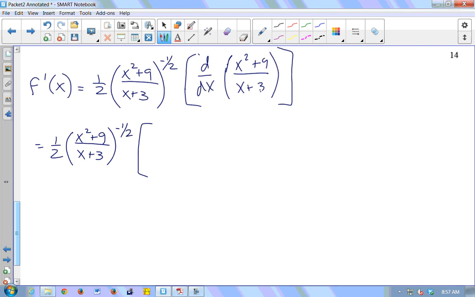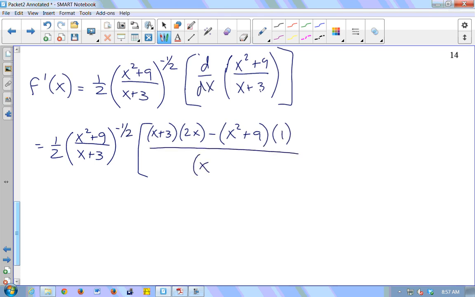So I'm going to use the quotient rule. It's going to be denominator times the derivative of the numerator minus the numerator times the derivative of the denominator all over the denominator squared.